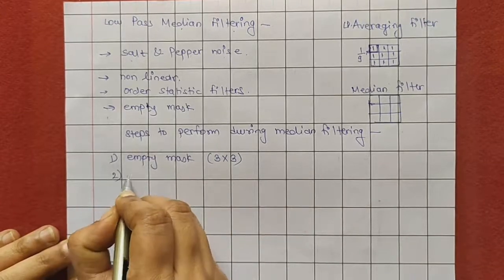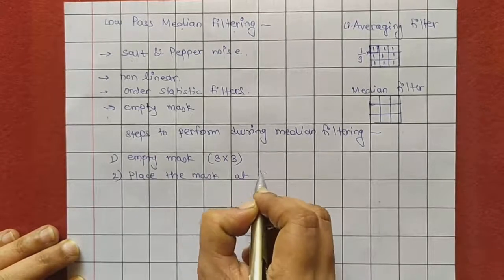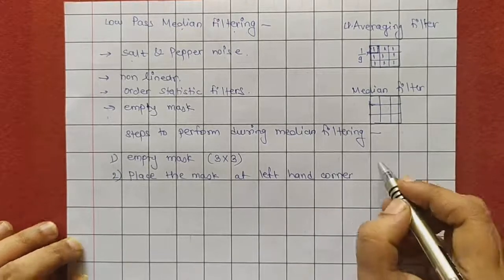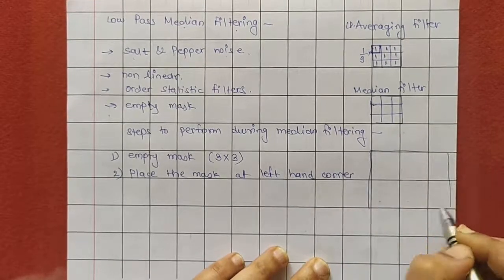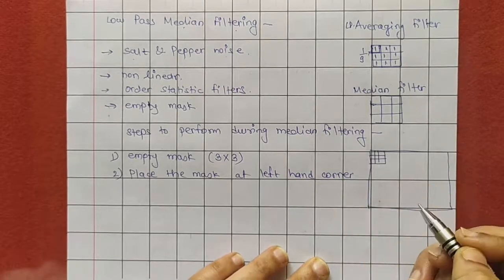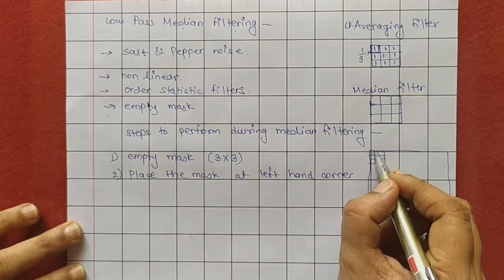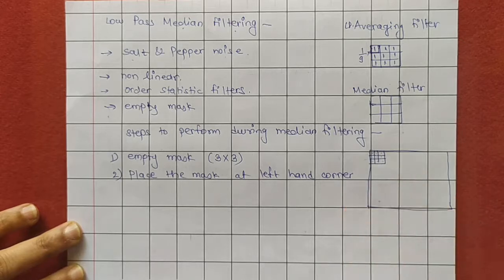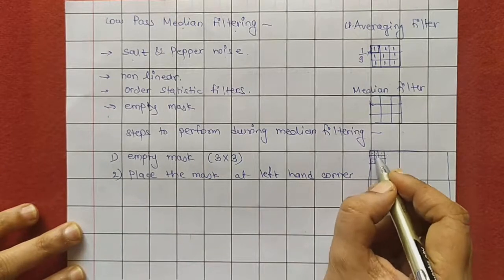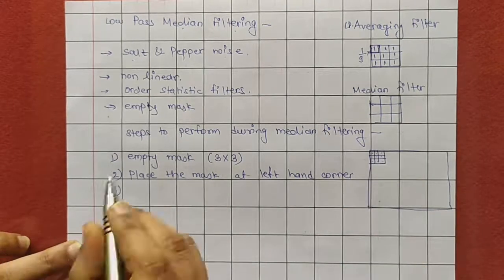Then we have to place the mask at the left hand corner. Means if this is our image, on this image we have to place our mask at the left hand corner like this. Here it will coincide with 9 pixels from the image. Then in the third step we have to rearrange these 9 pixels either in ascending or descending order.